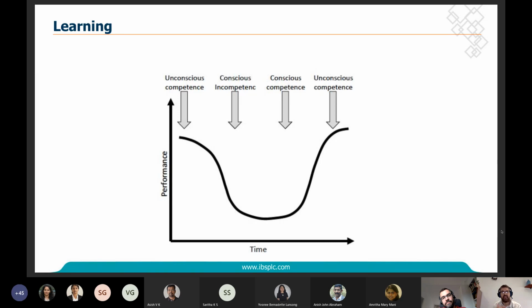But imagine if we say, okay, now we're going to buy you a new car, and it's a manual car, a manual gear stick. So you have to put it into first, second, third, fourth, fifth, etc. So suddenly you have the conscious incompetence, the second part, and your performance goes down. In terms of a car, hopefully it doesn't go down too much. But what happens is that you have to actually think. You go, I don't know when to change the gear.